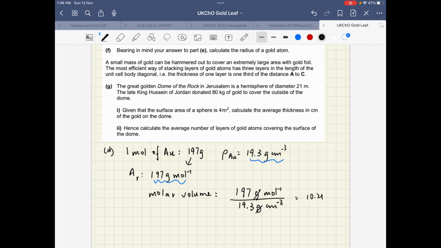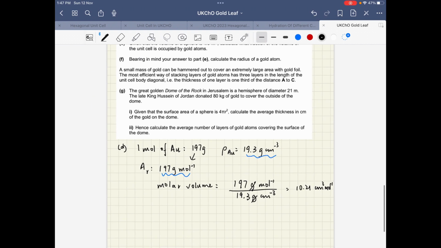This is 10.21 cm cube. Cm cube, because the power of cm will be positive 3, since you are dividing by cm to the power of negative 3. So this will give the unit that the question wants.